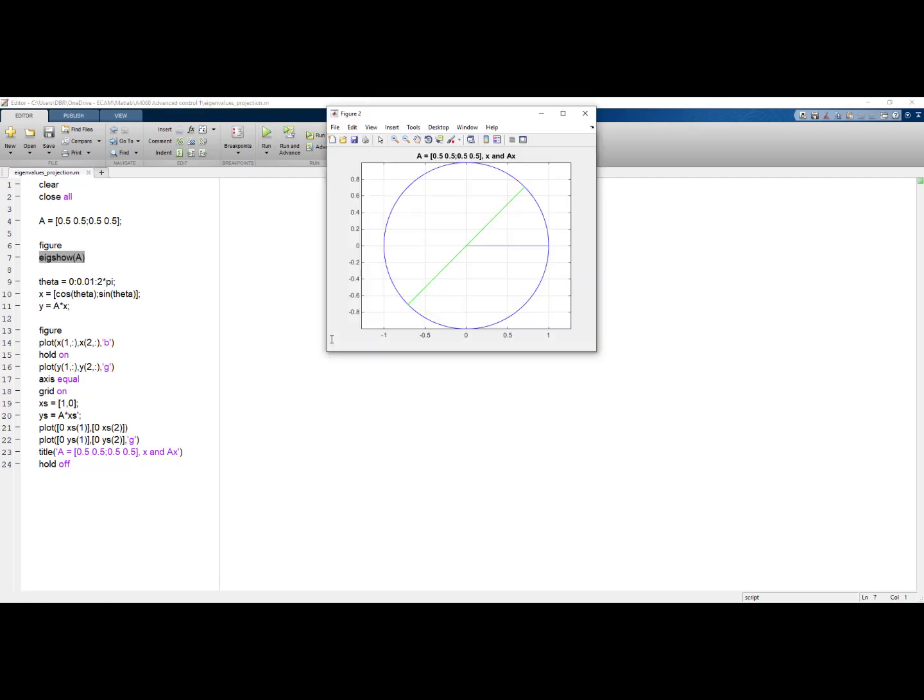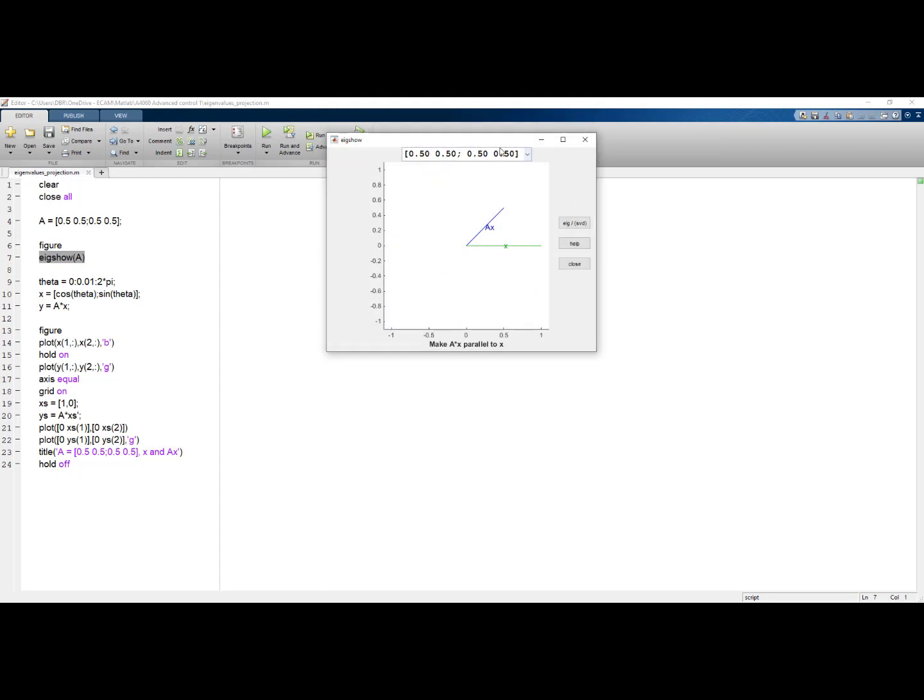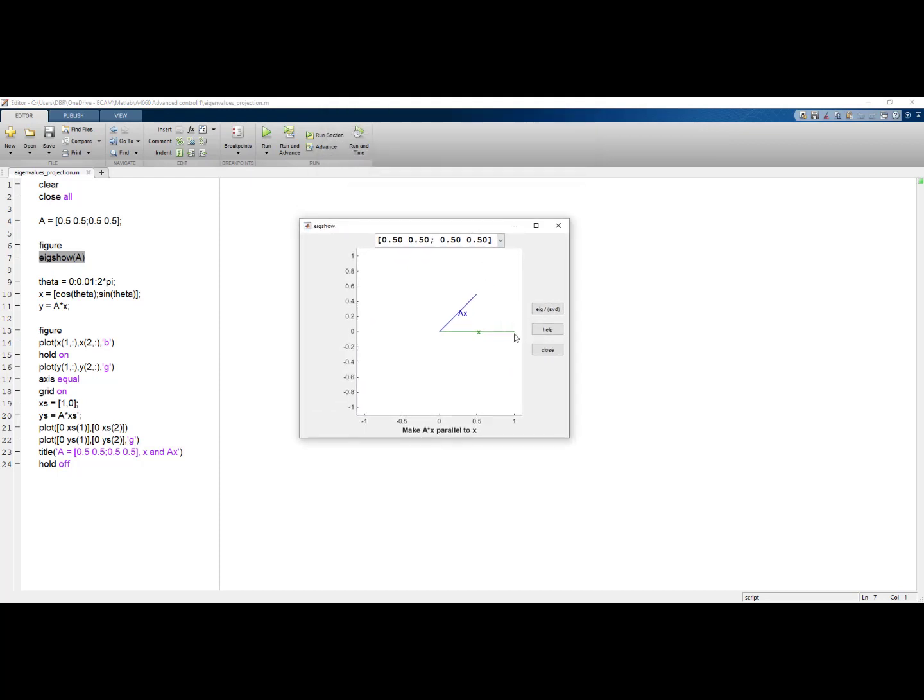Let's have a look. Okay, so I can now start turning as we said. This is the direction of the vector on which we project. So if we project the vector on itself, obviously we have lambda equal to 1, which is an eigenvalue.